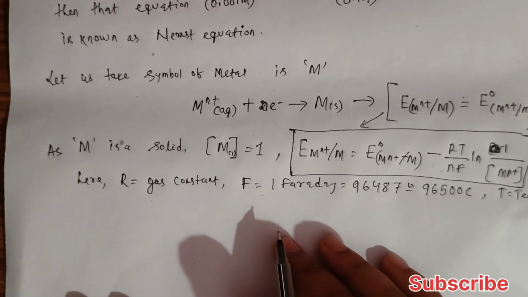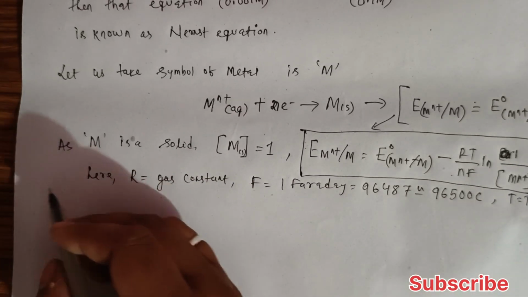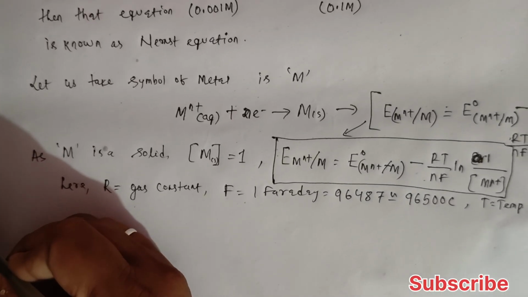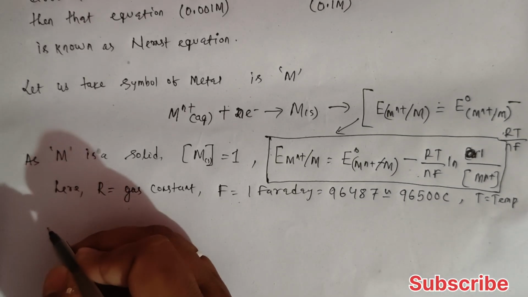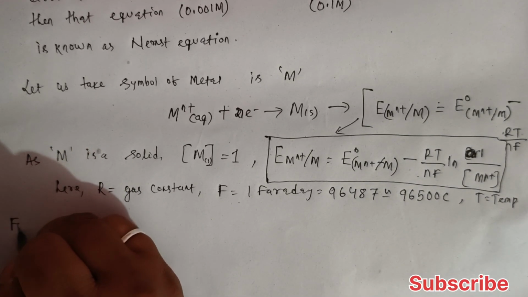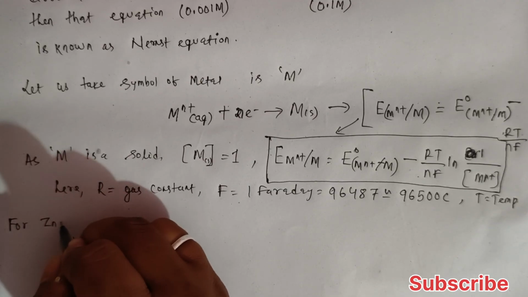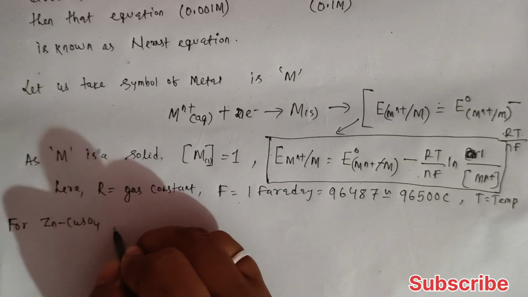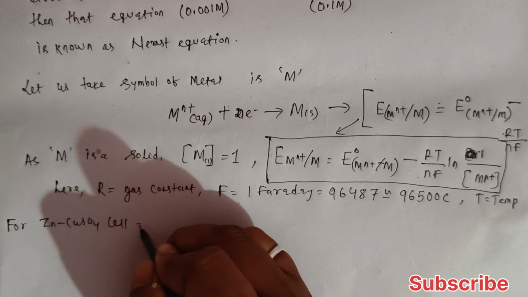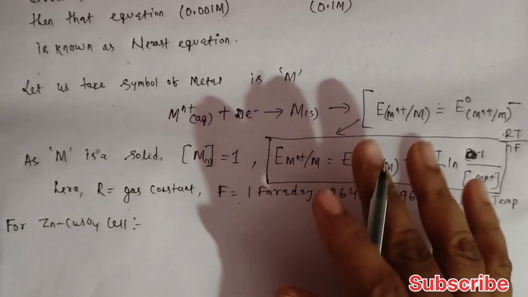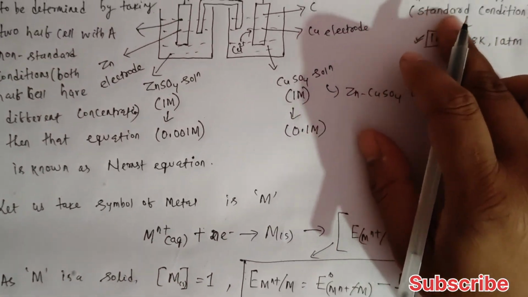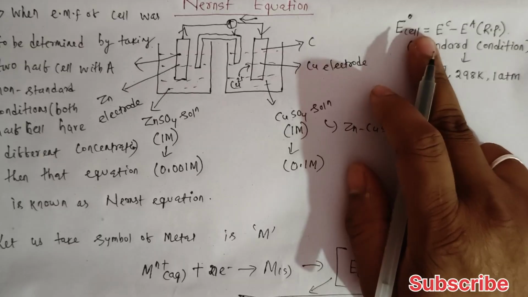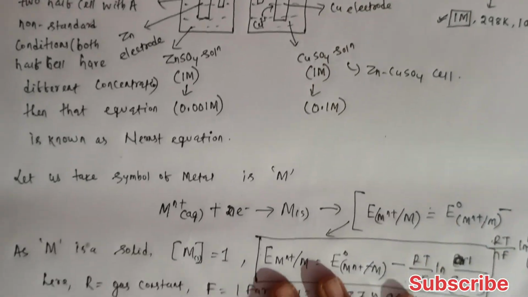Now let us take an example of the zinc copper sulfate cell. For the same concentration, we use the formula E naught cell is equal to E cathode minus E anode.